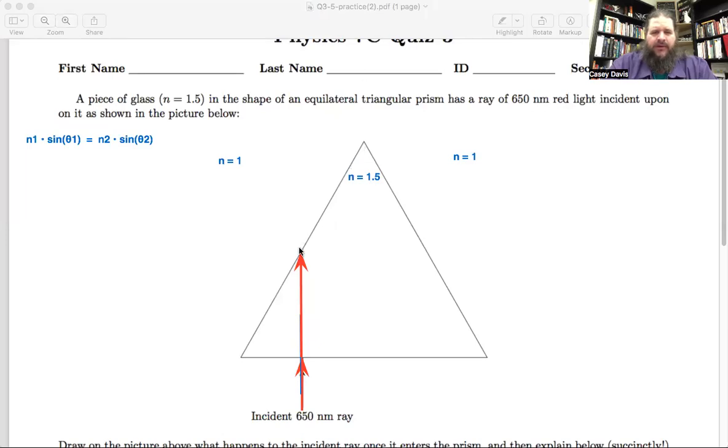So if we draw in a normal line here, perpendicular to that surface, we can now say this is making some angle with the new normal line. So let's say we call this theta 1. And how would we find that angle? This angle here.